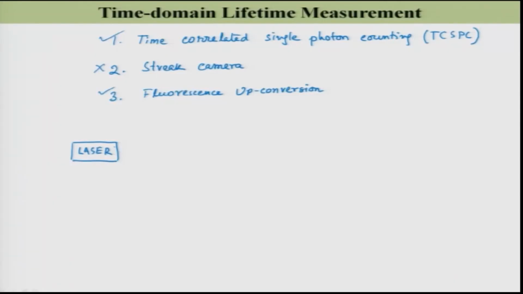I will discuss very briefly how we are going to get this ultra short light pulse by laser, but now let me draw the basic setup of this TCSPC system. So, this is my TCSPC, and here I have this laser, and just after the laser I have something over here, then I have my sample placed over here.